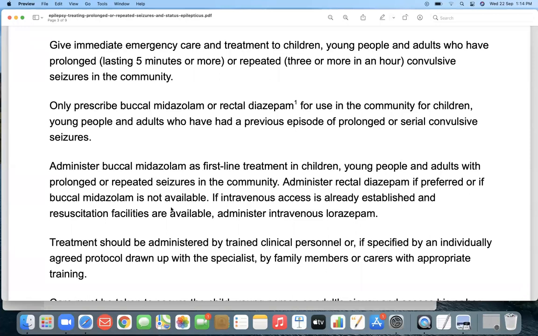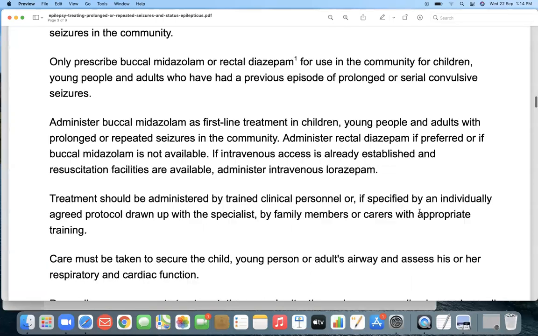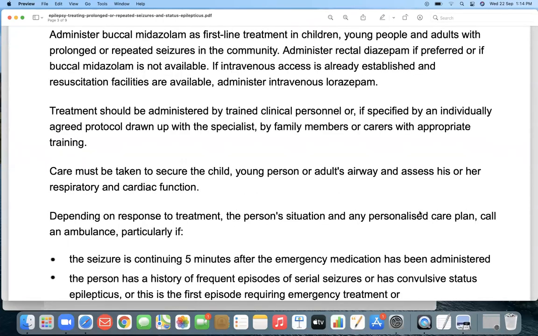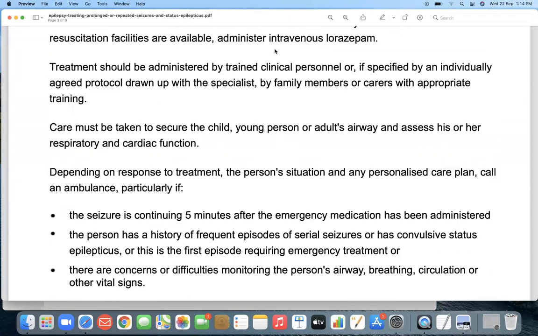Why, I don't know. If IV access is already established and resuscitation facilities are available, IV lorazepam. Treatment should be administered by trained clinical personnel, or, if specified by an individually agreed protocol drawn up with a specialist, by family members or carers with appropriate training.